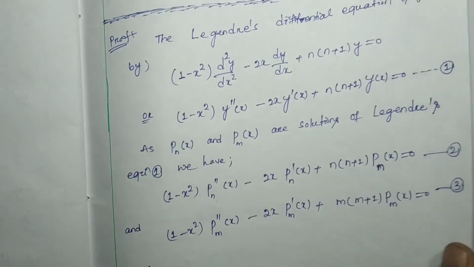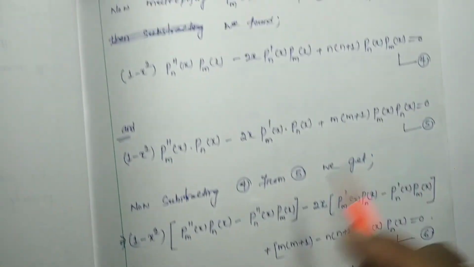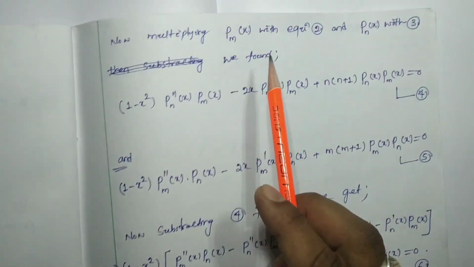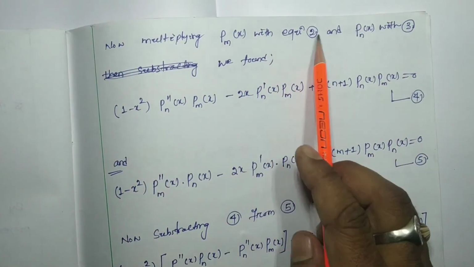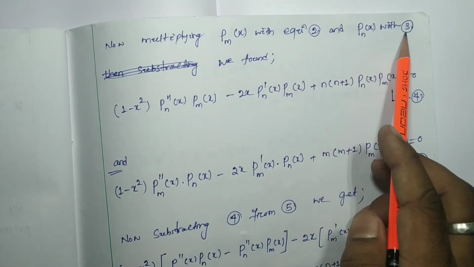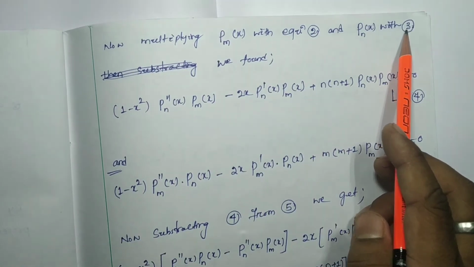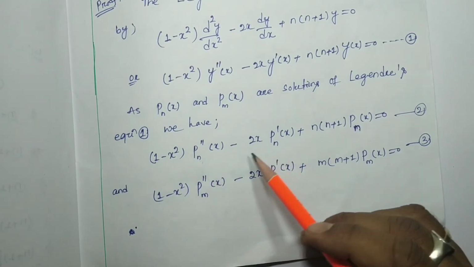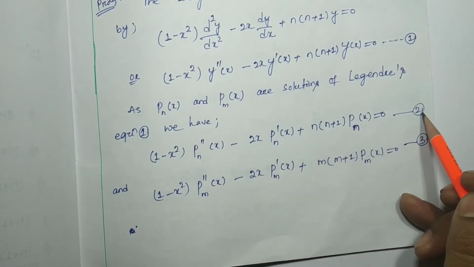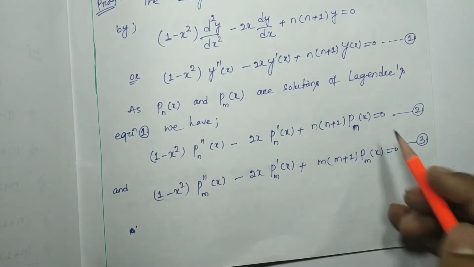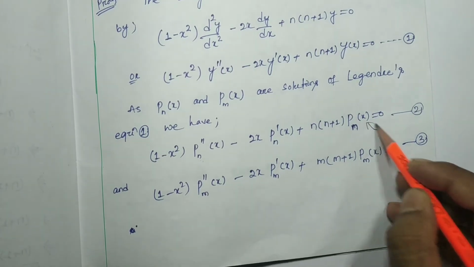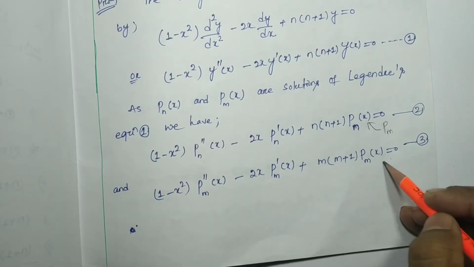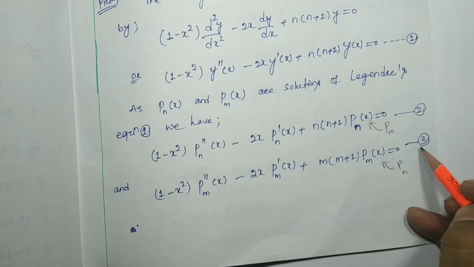Now what we have to do is multiply Pm(x) with equation number 2 and Pn(x) with equation number 3.